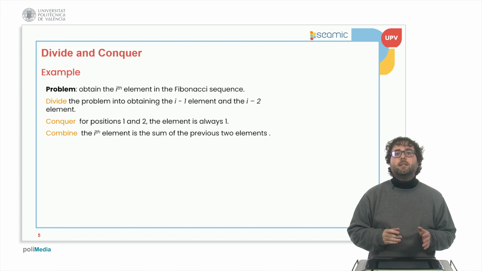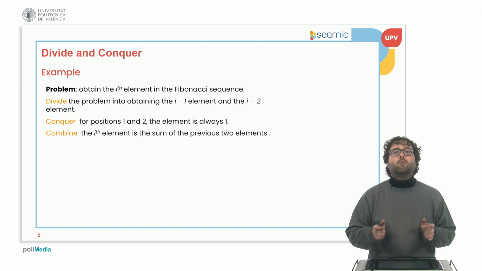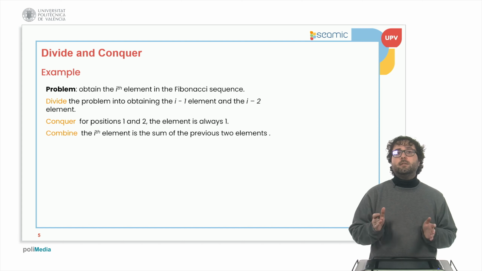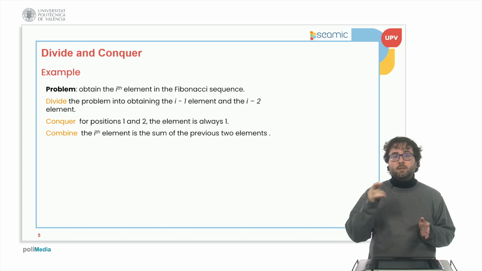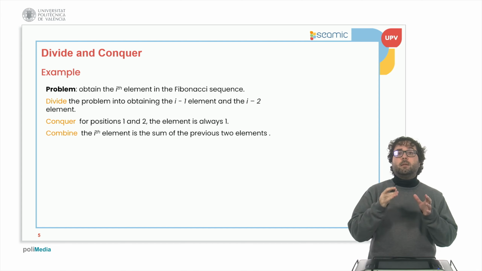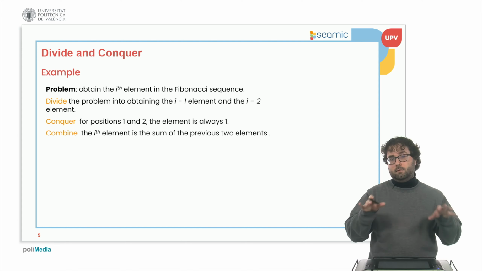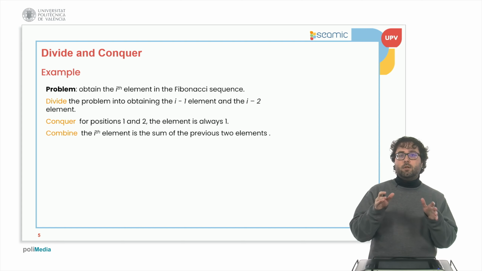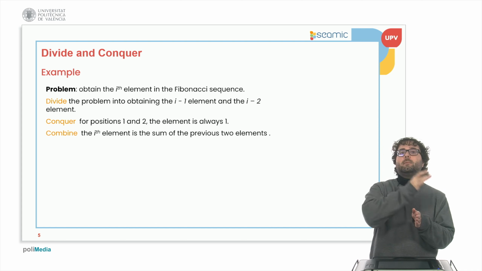Now let's try to see this with an example. If we have the Fibonacci sequence and we want to obtain a certain position of that sequence, what we can do is divide the problem in two sub-problems that will be computing the previous number and the two previous numbers.